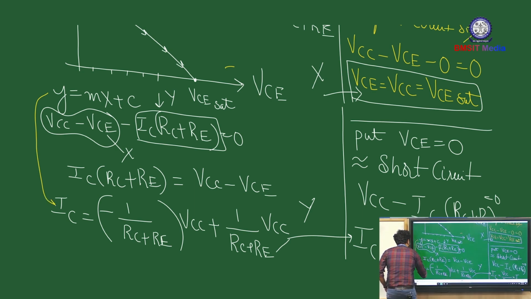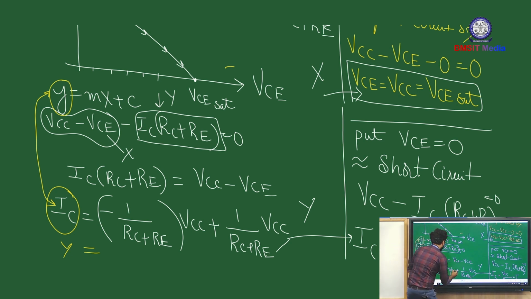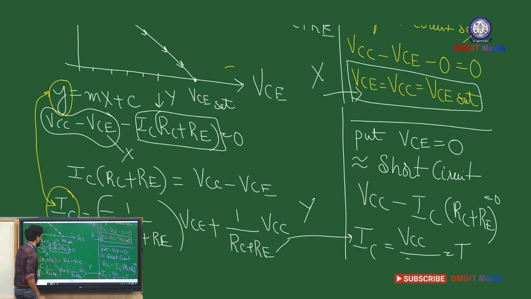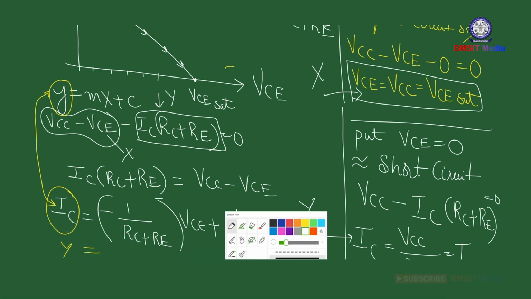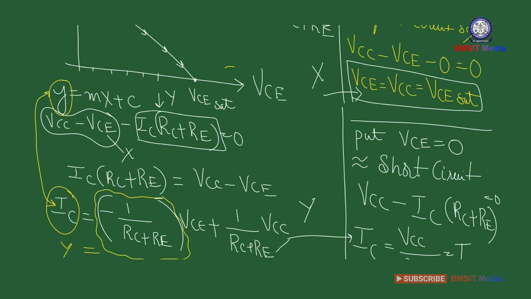the standard equation of a straight line with the modified output equation. In place of Y, we have IC. So Y is equal to, okay, this term is VCE, I'm so sorry. And then you have mx, where m stands for slope, and this entire term stands for m.